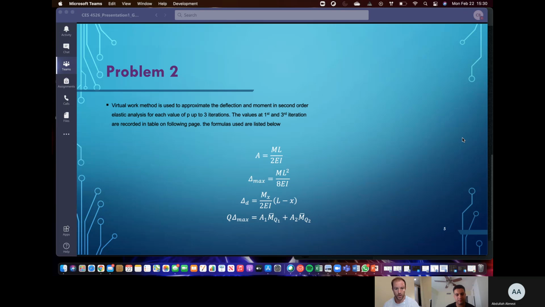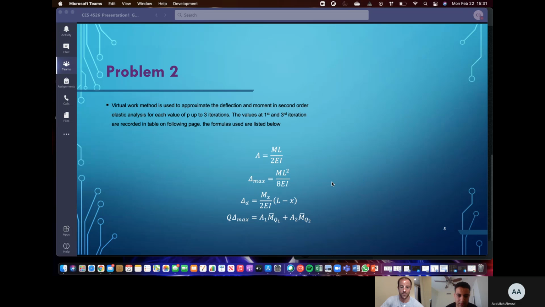So to start, for the first iteration, we simply use the formulas from structural analysis and other classes that we've used before. Since this beam has an eccentricity on each side, instead of treating it as a point load, we treat it as an equal and opposite moment on each end of the beam.